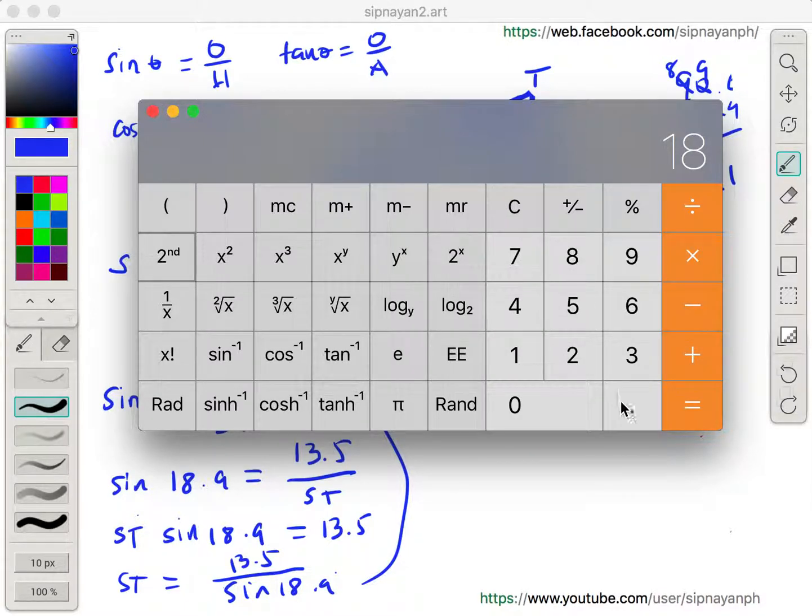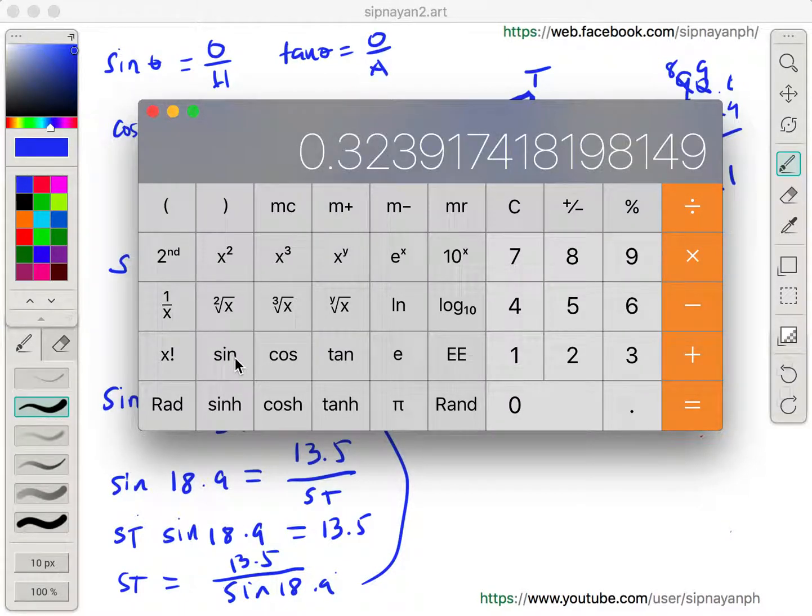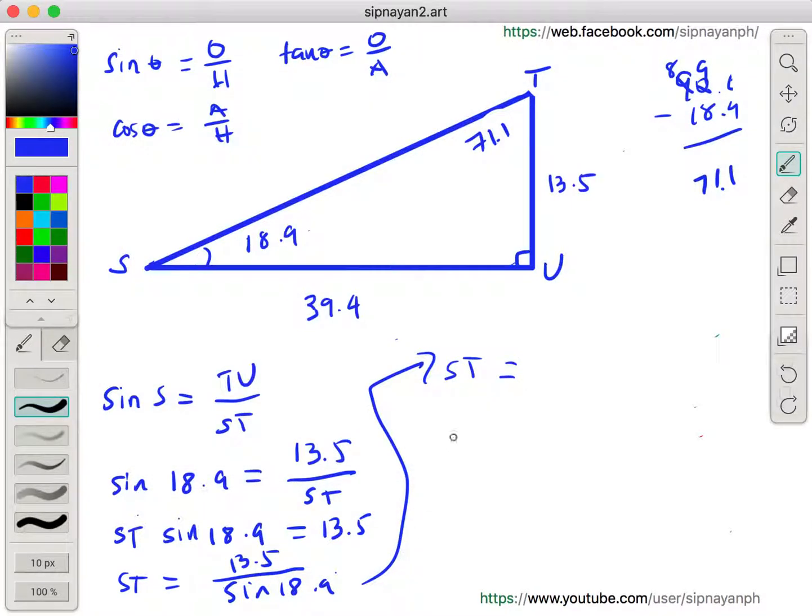Sine dapat siya, hindi siya inverse ng sine. That's 0.324. This is 13.5 divided by 0.324. Tama? Ni-round off lang natin sa 3 decimal places.